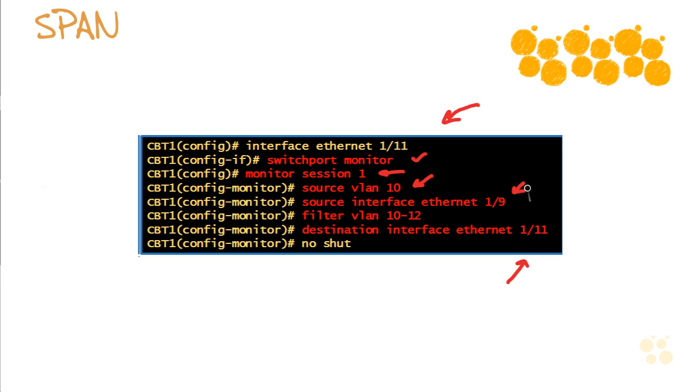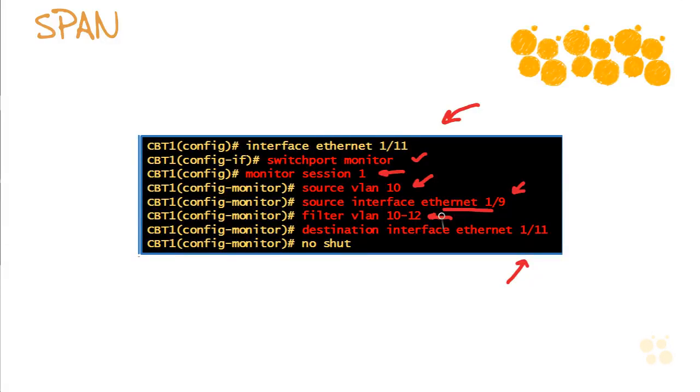Let's go ahead and also grab the traffic off this Ethernet 1/9 port. Now, maybe this 1/9 port's a trunk and there's lots of VLANs worth of data traveling over this. Here we can filter that just to specific VLANs.